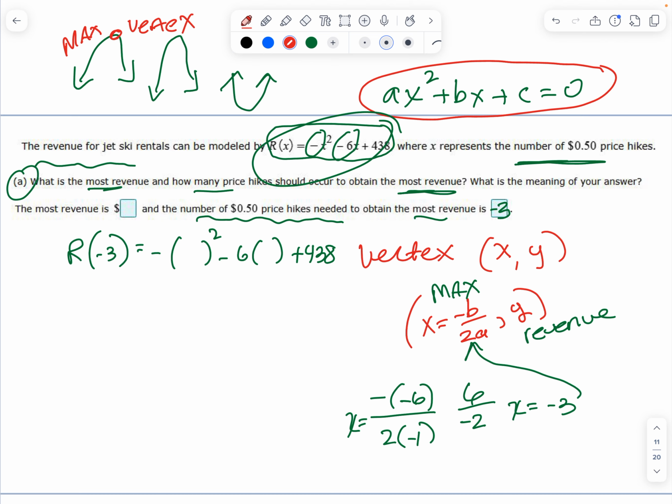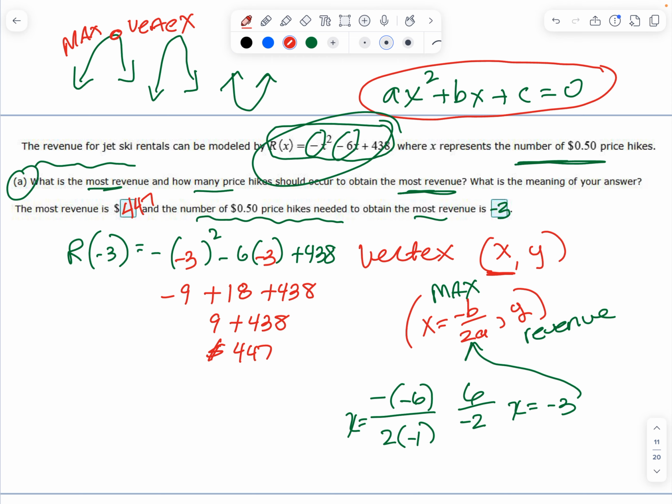We're going to pop in negative 3 for our x coordinate right here. Negative 3 squared is 9 with a negative there. This becomes a positive 18 plus 438. So that becomes 9 plus 438. So our revenue would be what? 438, 448, 447.